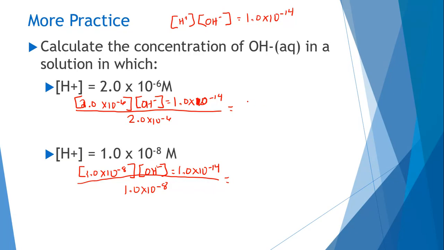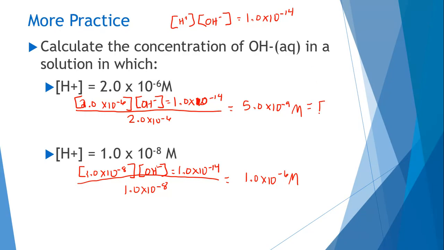This one ends up being 5.0 times 10 to the negative 9th. And then this one ends up being 1.0 times 10 to the negative 6th. Again, we are using these numbers because we want to match them up with the correct number of sig figs. Do not forget your unit, which is molarity.